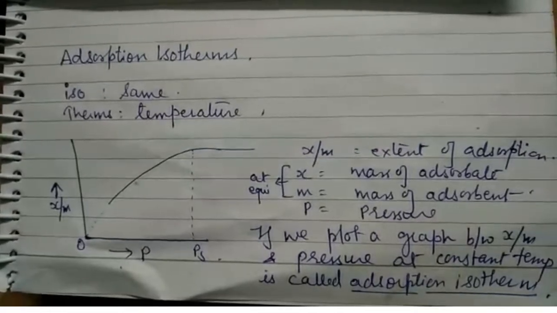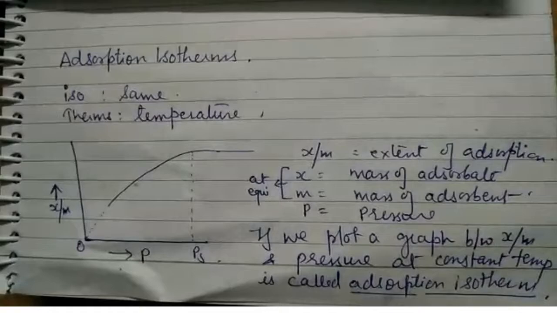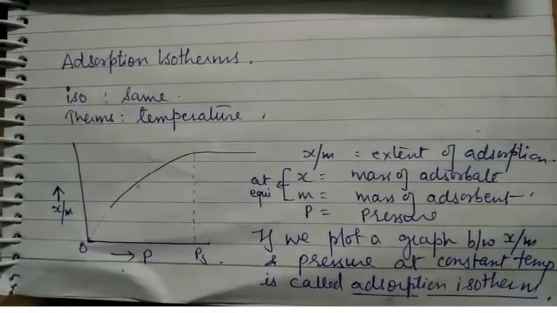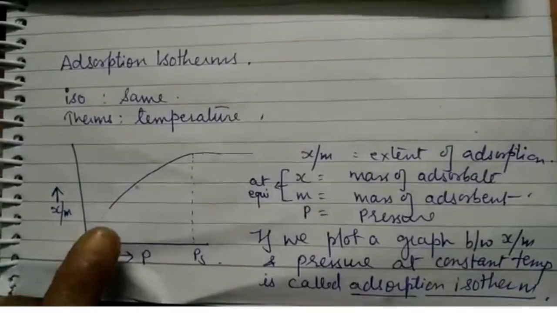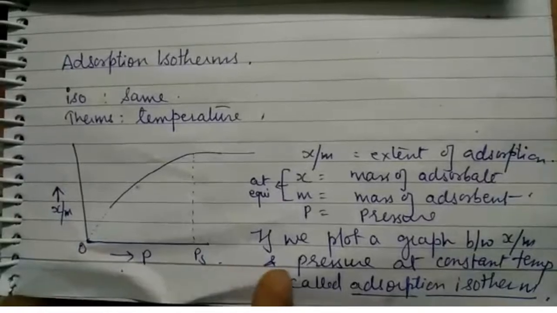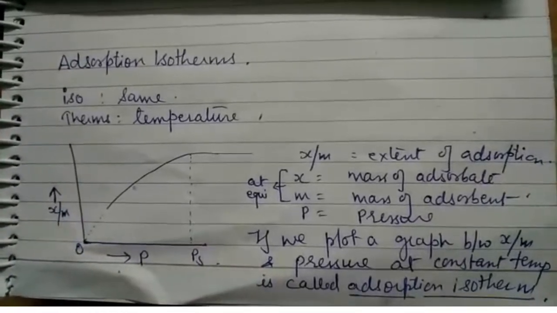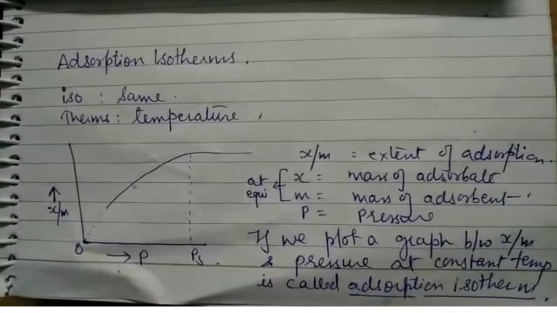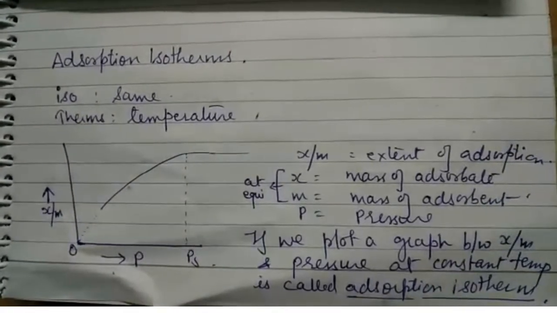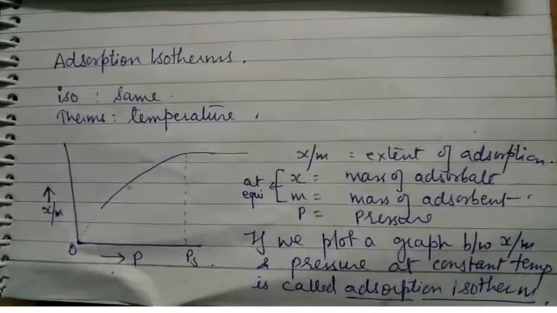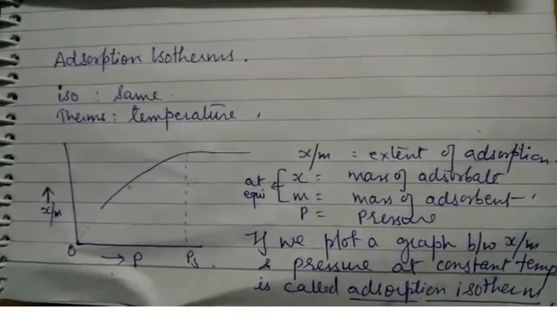Suppose a stage is reached when the amount of gas adsorbed becomes equal to the amount of gas desorbed, because at higher temperature the desorption process starts taking place. This state is called the equilibrium state. As we increase the temperature, the reverse process will take place.